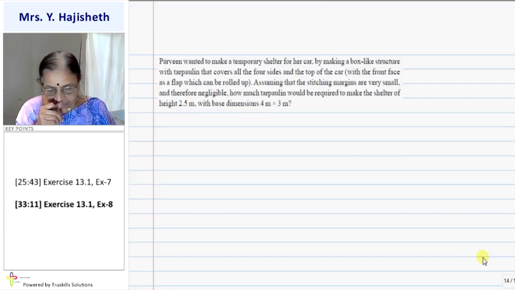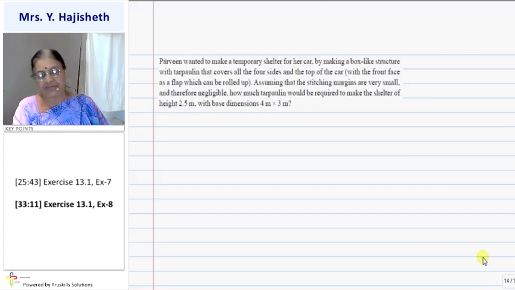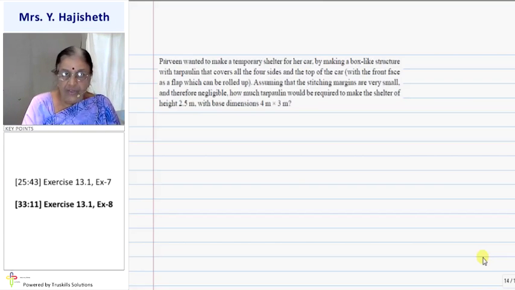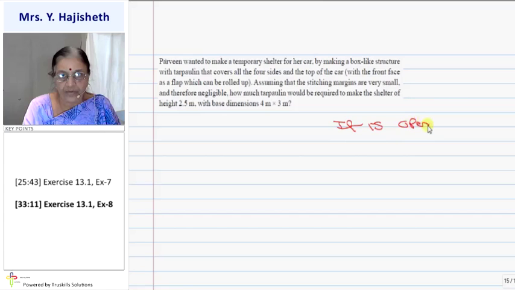Assuming that the stitching margins are very small and therefore negligible, how much tarpaulin would be required to make the shelter of height 2.5 meter with base dimension 4 meter by 3 meter. It is open at the bottom. Okay.